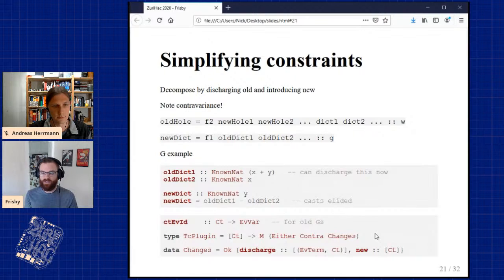It seems inefficient, but for now, in my development of a plugin, my general rule is as soon as I see something that can change, I yield it back to GHC. So hopefully the built-in solver can make progress and maybe simplify things even more. So the next time I'm invoked, it's better. Or the next time it's invoked, I have even simpler constraints to work with.